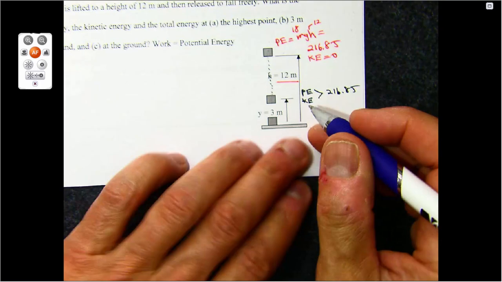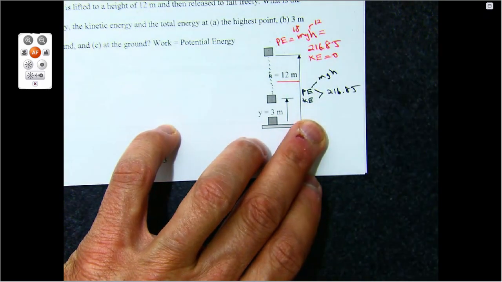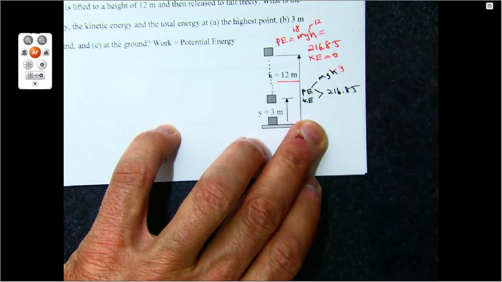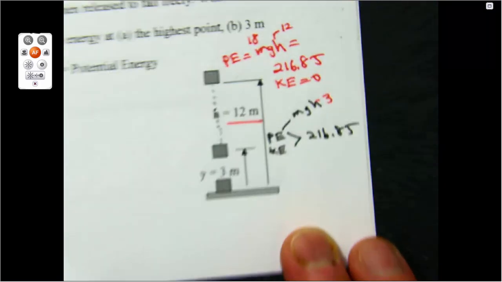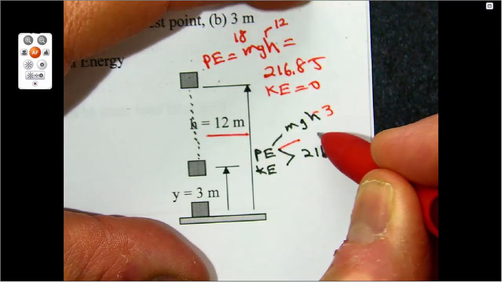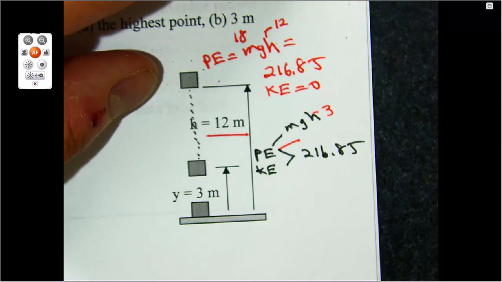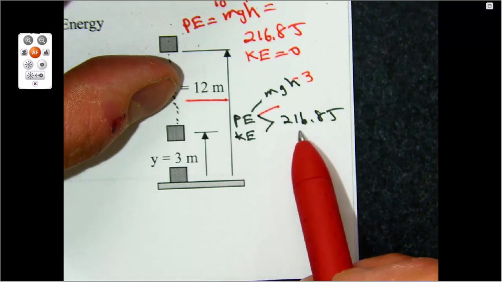The potential will be the easy one. mgh, where h is 3 this time. That's the easy one to plug in, right? What's your potential energy right here? Oh, I'm not saying that. I'm saying the total energy is 216.8.